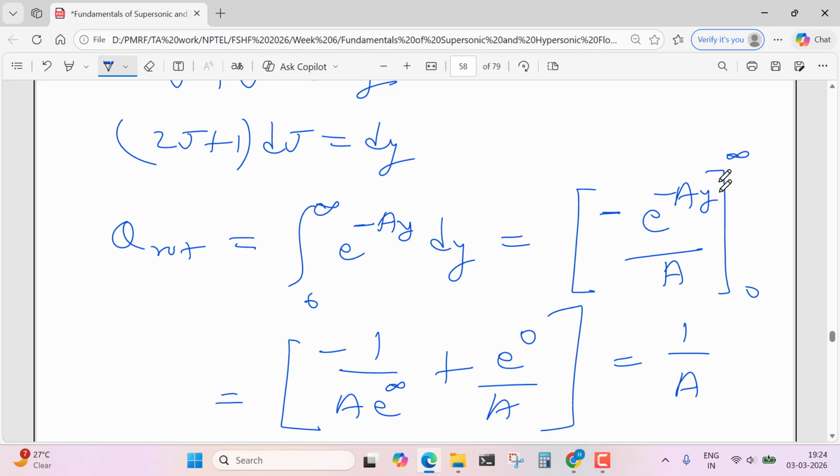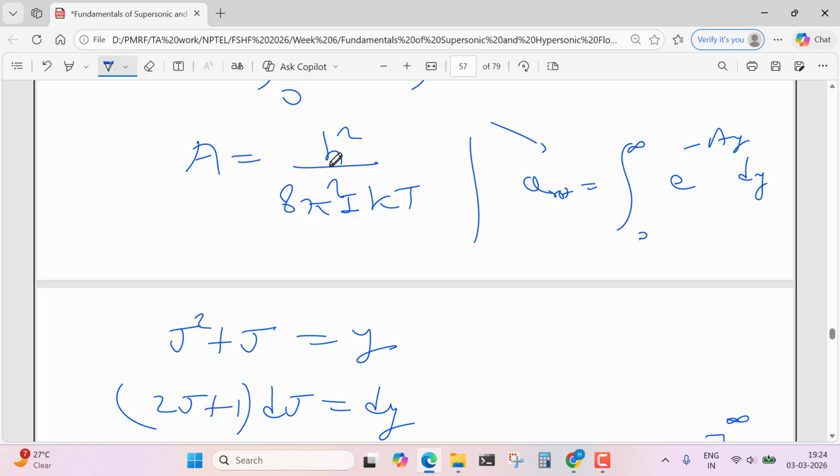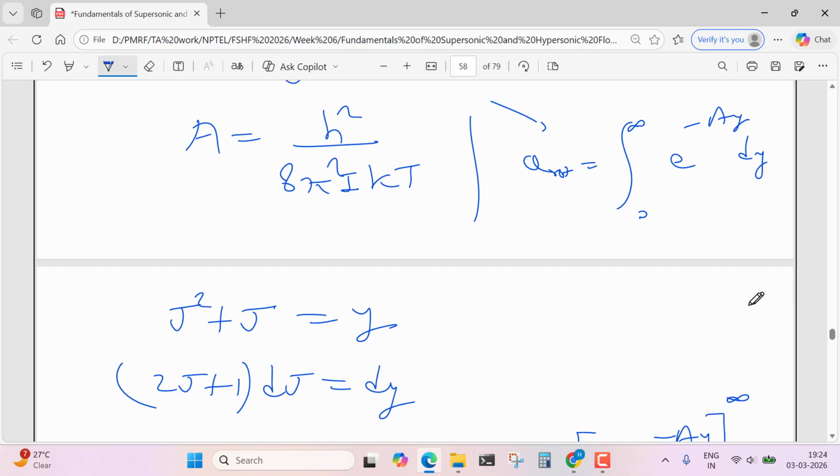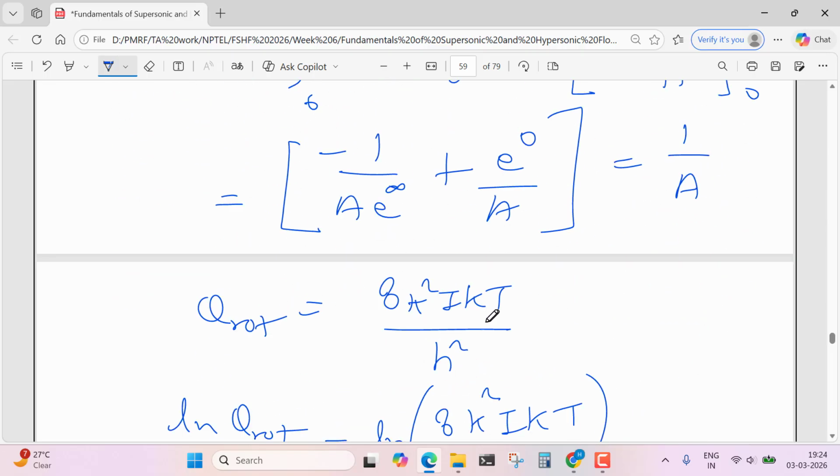And if we put the limits, we will get minus 1 upon a to the power infinity plus e to the power 0 upon a, which will be nothing but equal to 1 upon a. And the value of a was h square upon 8 pi square I kT. So we will get Q rotational equal to 8 pi square I kT upon h square.